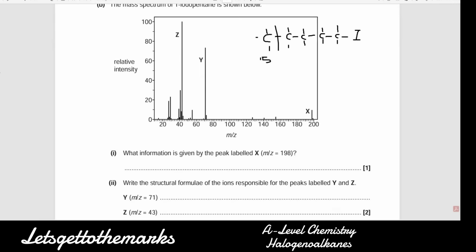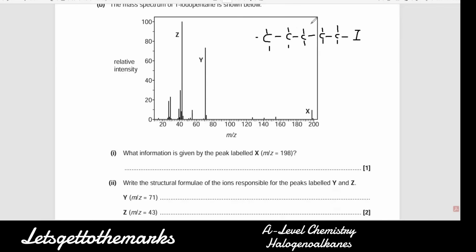But let's keep going along and let's break this bit. This is an ethyl group. So that would be CH3, CH2. That is going to be 14 and 15. That's going to be 29. Look, you'll see there's a peak right about there, 29. But again, we're not interested in that. They're asking us about 43 and 71.